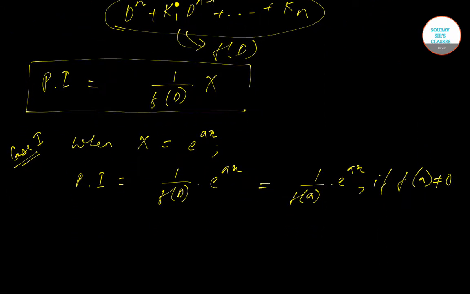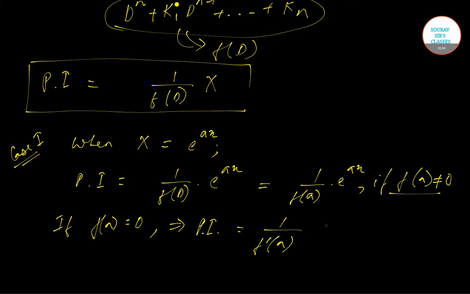Let me go to case 2. Now this case is not entirely finished. Suppose f(a) is equal to 0. Then the particular integral will be equal to 1 by f'(a) into x into e^(ax), if f'(a) is not equal to 0.